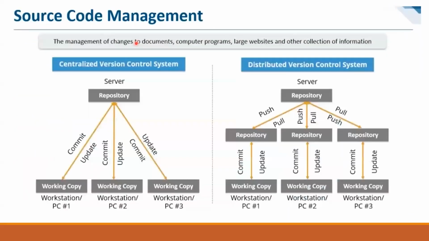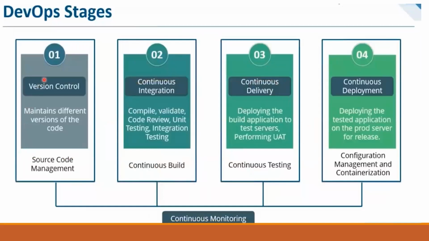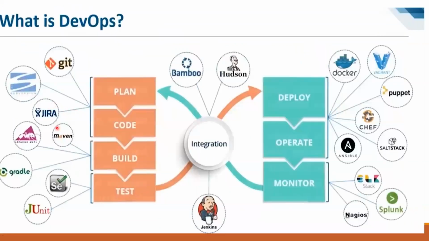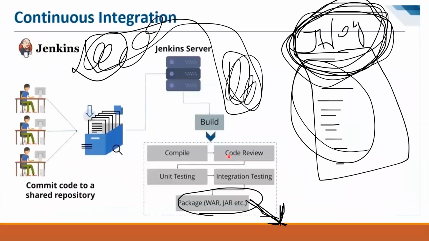In the path of continuous integration, what are we using? We are using Git and some tools for the building purpose, something like Maven and Gradle. Building means producing a .war or .jar, along with testing: compile, code review, unit testing, integration testing.